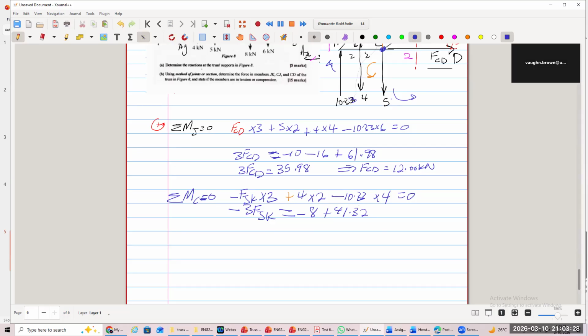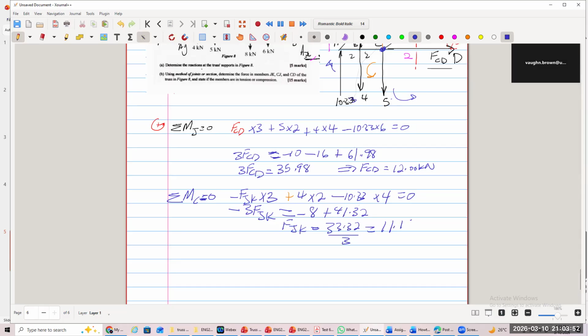And that gives you what now? So FJK is equal to the difference there. You get 33.32 divided by 3. So that is going to give you 11 something. 11.1.